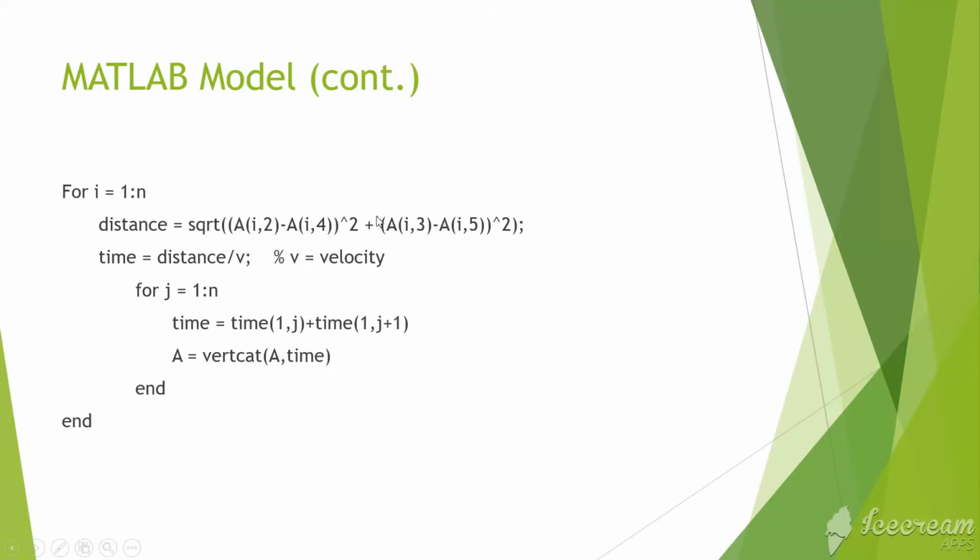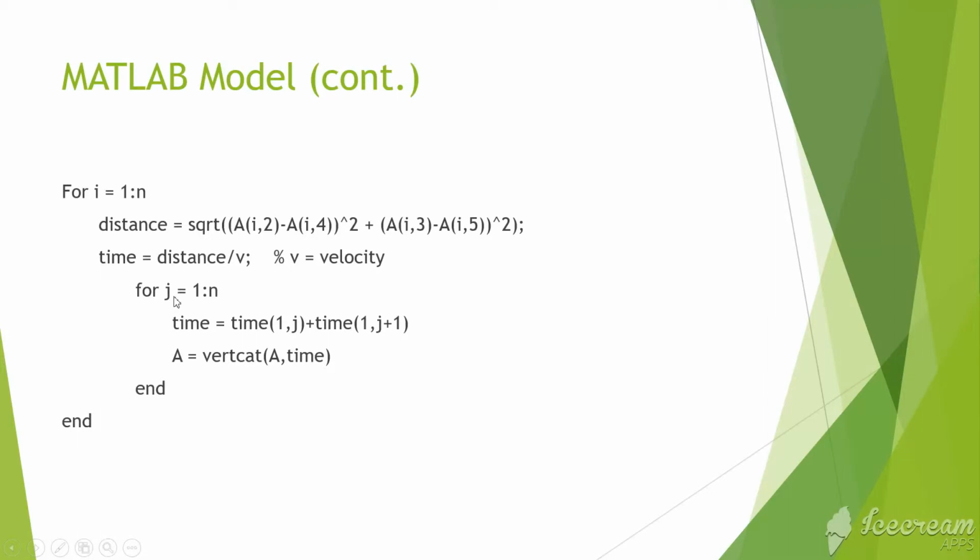Next, I have a for loop that calculates the distance and time. So here's my distance equation. It's basically the way you calculate the distance between two points, and assuming the car's velocity is v, I calculated time as distance divided by v, so that I can get t out of this.